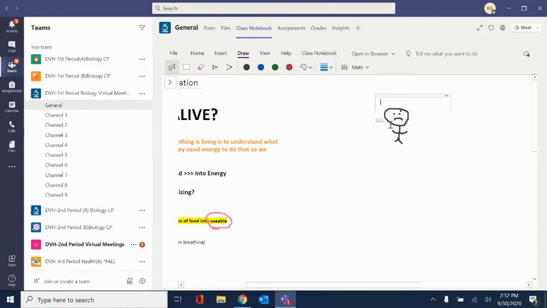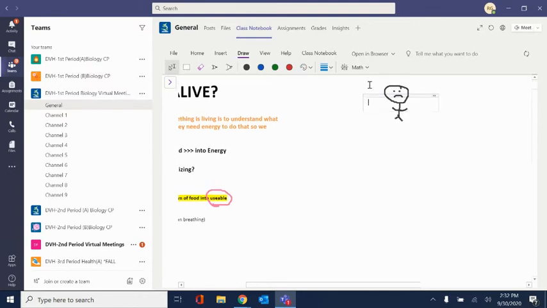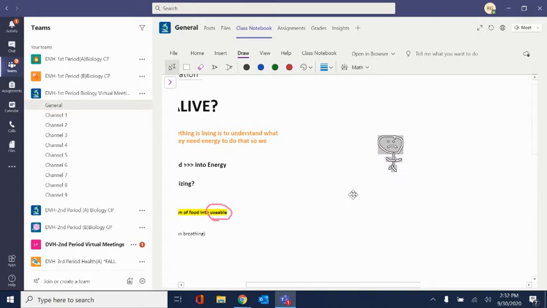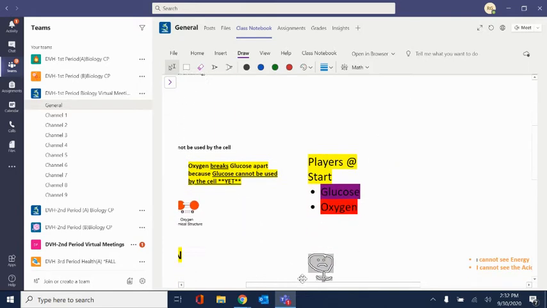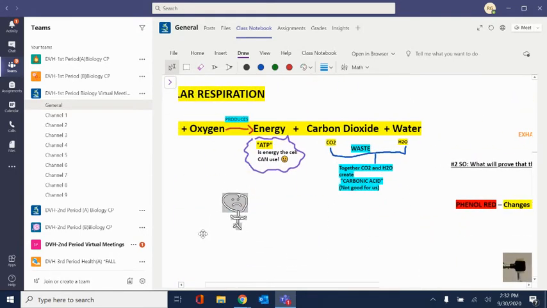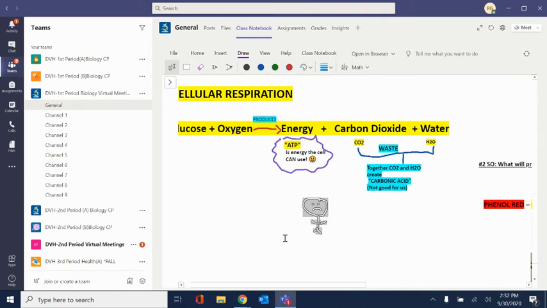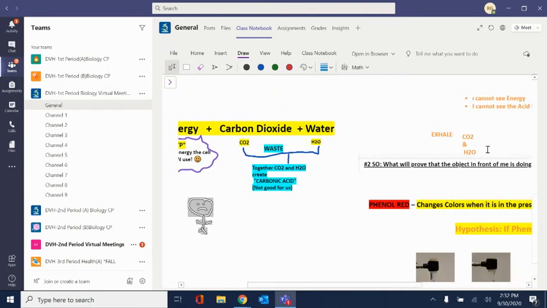Let's get our little guy that's not very happy with what's happening here, and he is going to exhale CO2 and H2O into his environment. Again, when I breathe out, I am exhaling, releasing toxins from my body.